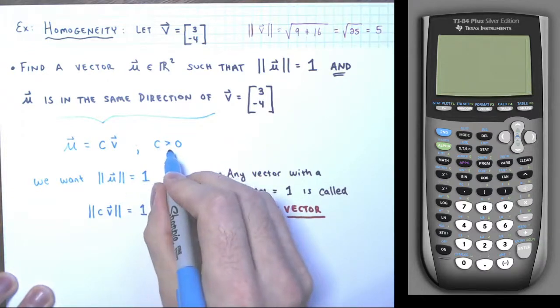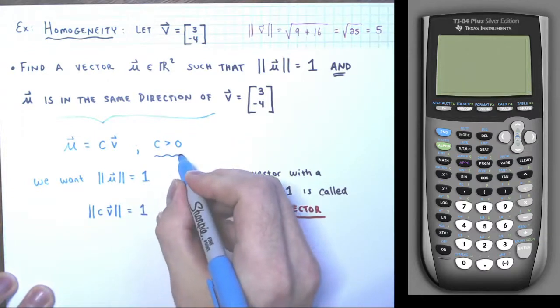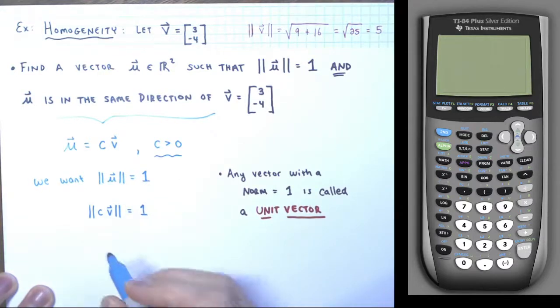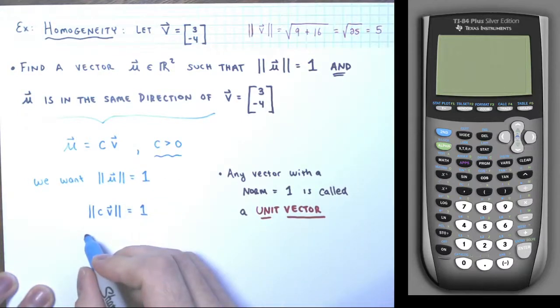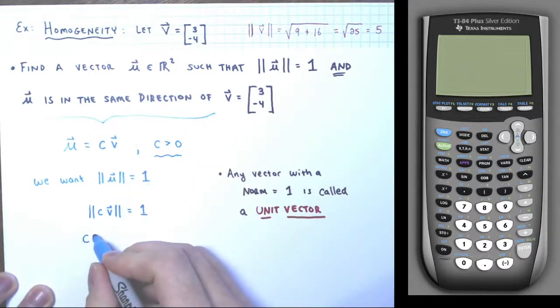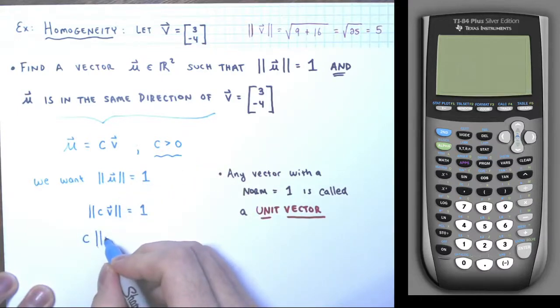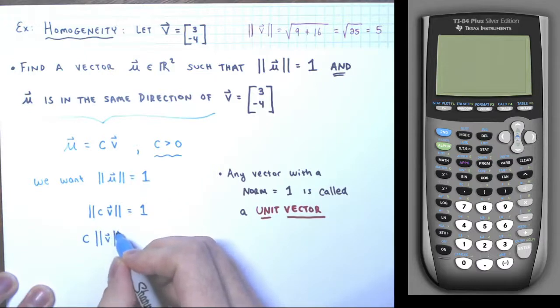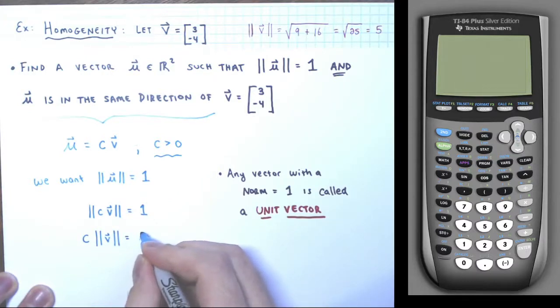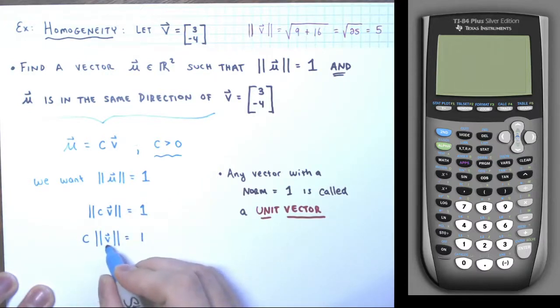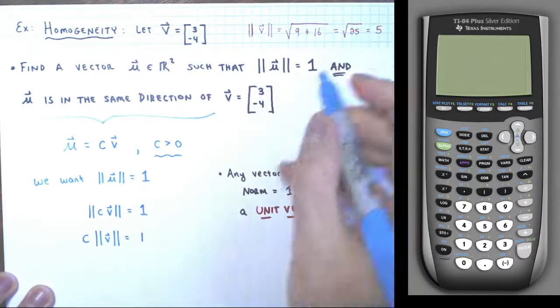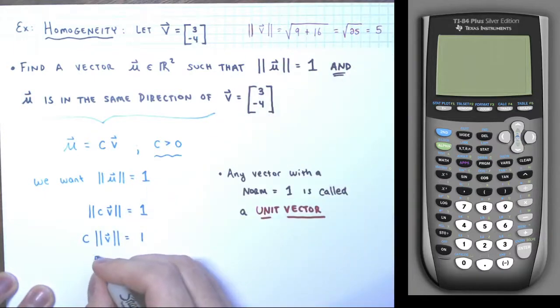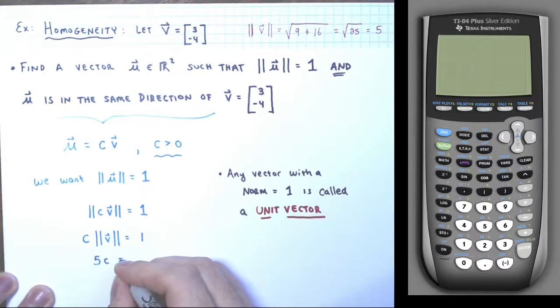But c is positive, since u is pointing in the same direction as v, so I don't need the absolute value. So c times the norm of v equals 1. Well, what's the norm of v? We already saw that. That's 5. So 5 times c equals 1, so the value of c needs to be 1/5.